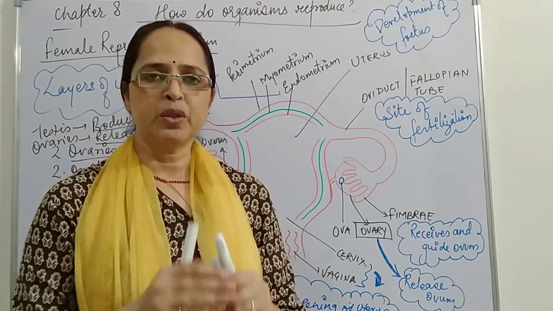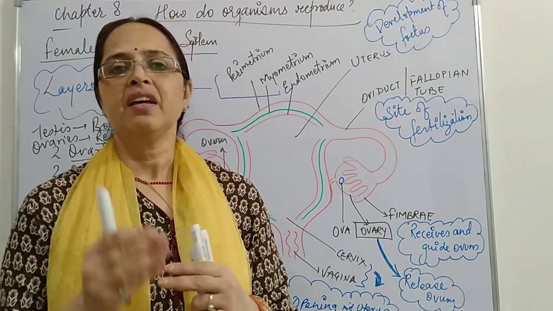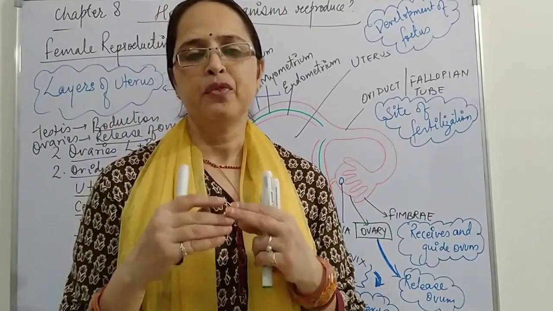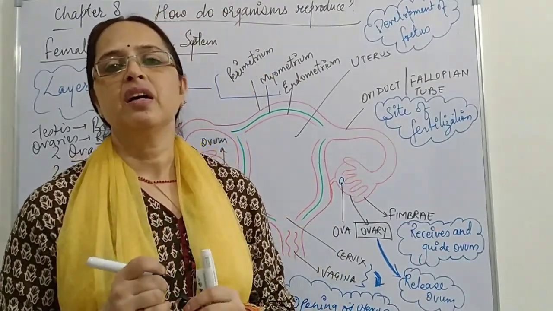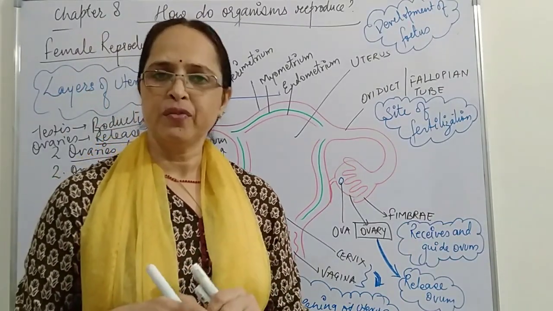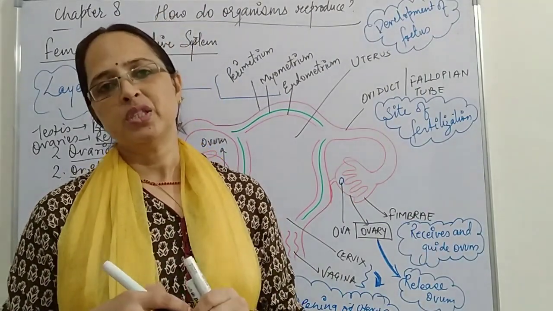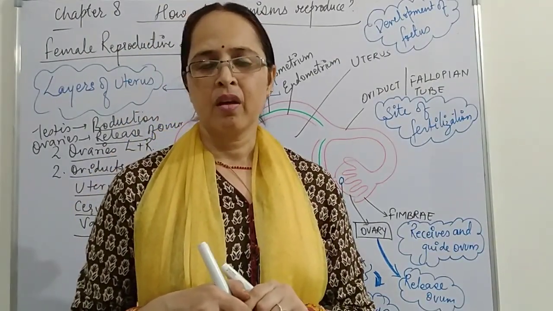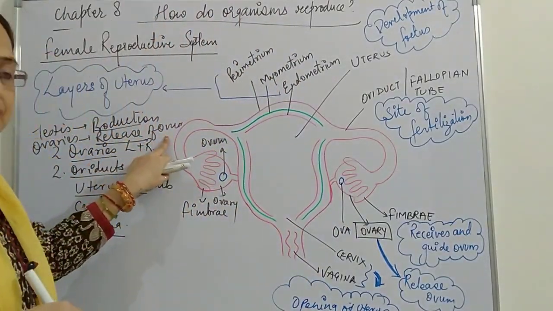Afterwards, during adolescence, these ova mature and one by one are released from the ovaries, once in a period of 28 days. This release of ova within 28 days is called the menstrual cycle, or menstruation.